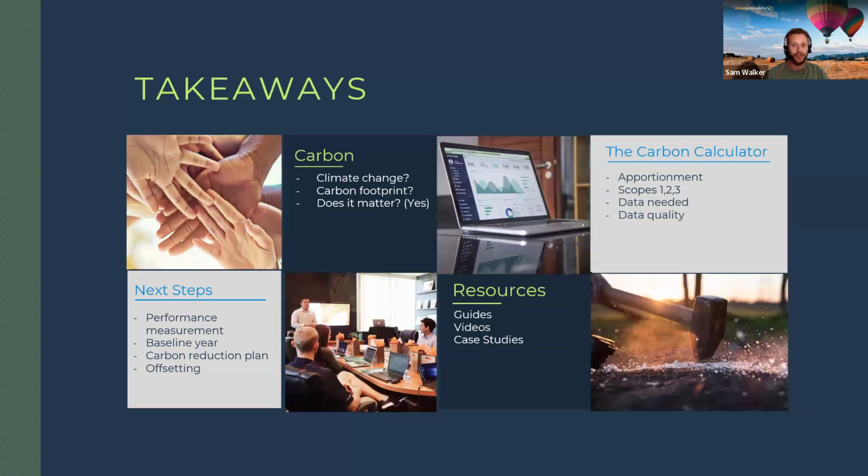The second part will look at how you can begin measuring your carbon footprint with the support of the carbon calculator. We'll look at what apportionment means, the different scopes, the data you'll need to collect and where you'll collect it from, and also the data quality element.